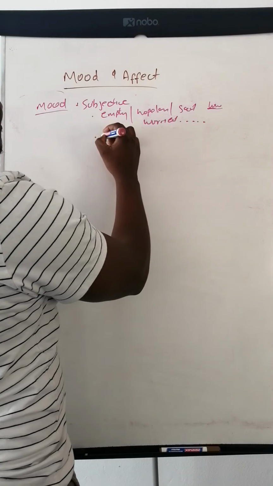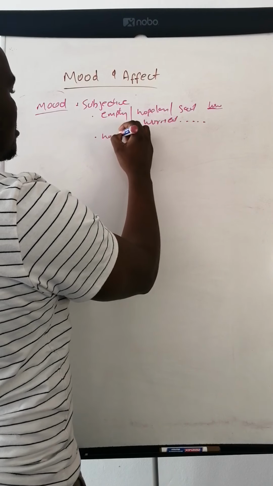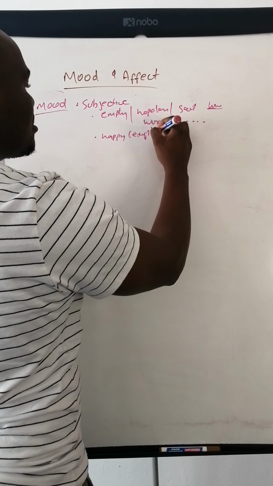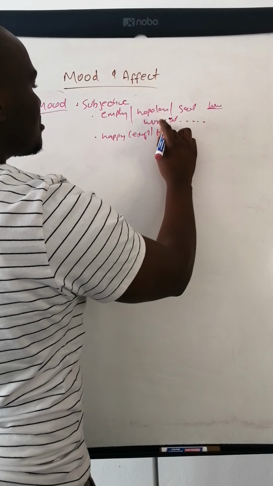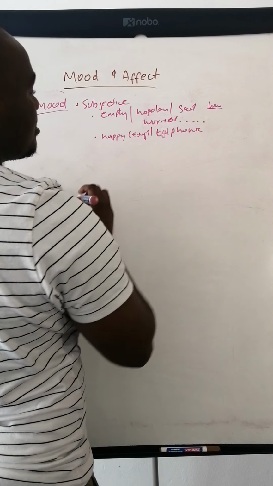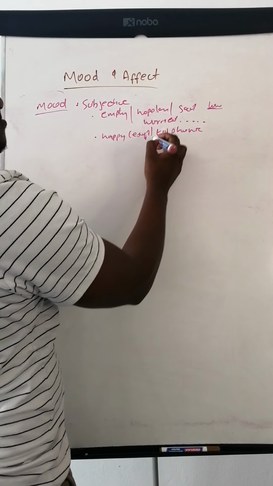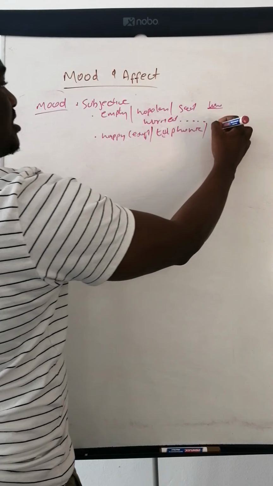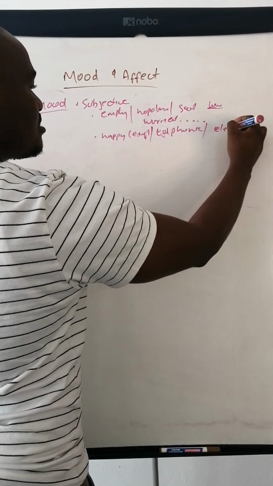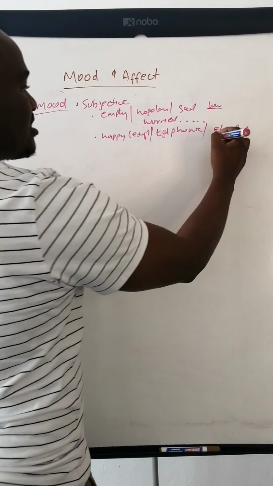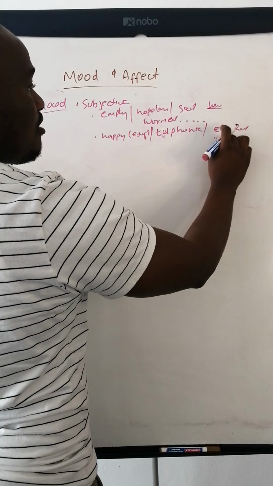They can also say, I feel happy, extremely happy, euphoric. So this is an elevated mood associated with hypomania or mania.